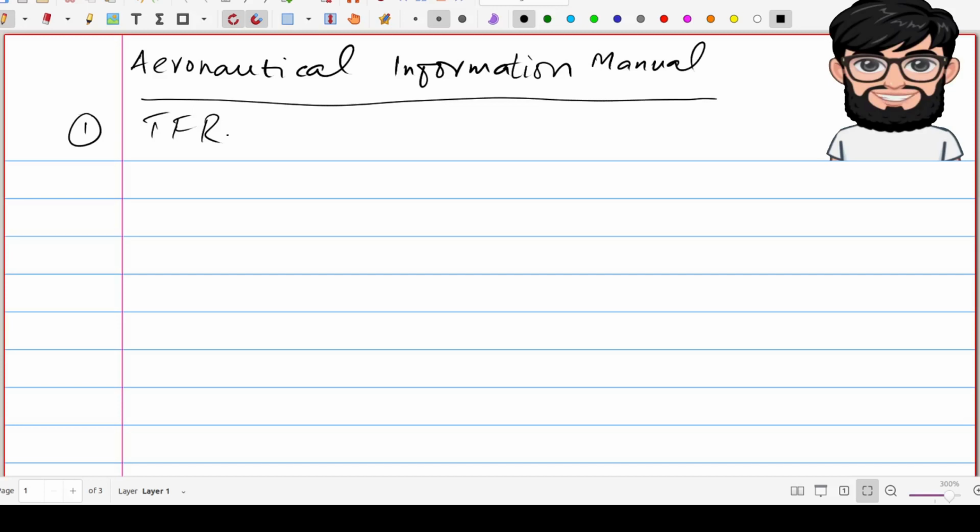A TFR is kind of a NOTAM, and an exam example could be that there's a metropolitan area and they put a TFR on it, or maybe there is a stadium and there's a match going on and a TFR has been issued that you cannot fly over it. So that would be an example of that.